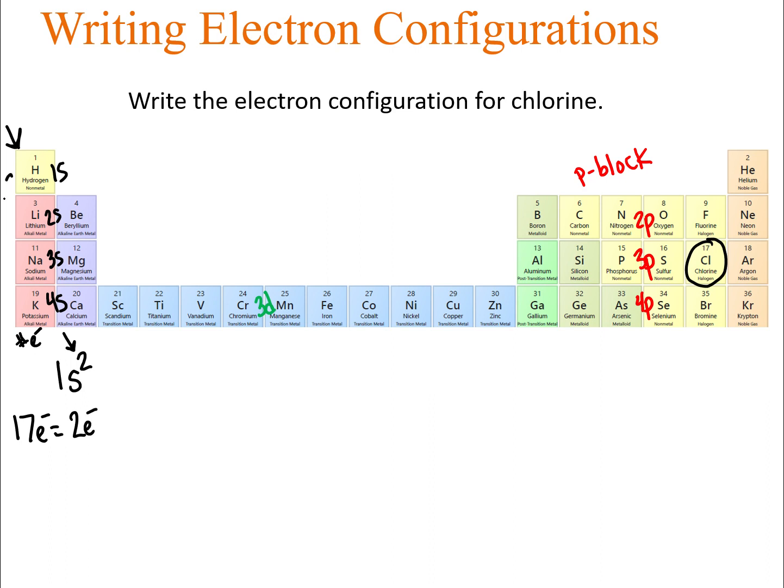After that, you have to go down to the second row or the second period. Now we're in the 2s. We haven't reached chlorine yet, so we know we're going to fill it up. The s can only hold 2 electrons, so that's what we do. So we've placed a total of 4 electrons. That means that we have 13 left.